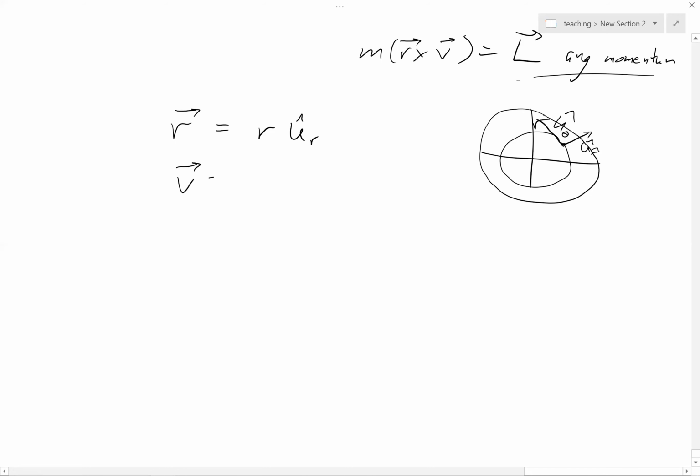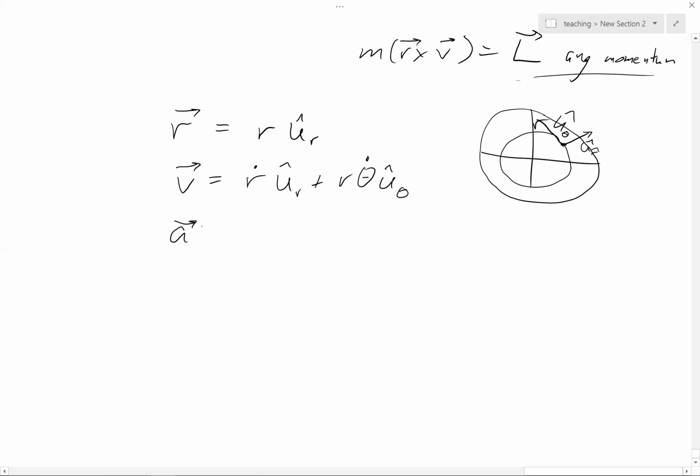v is just, it's early in the morning, I'm having to think, r dot u_r plus r theta dot u_theta. We're actually not going to need that one.